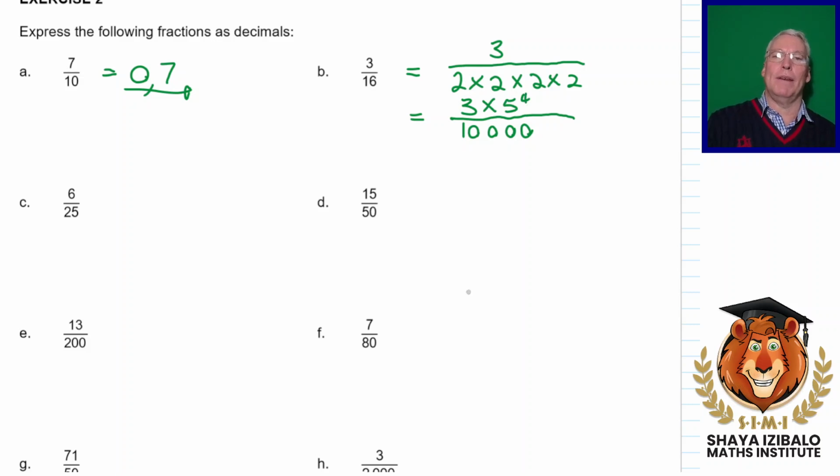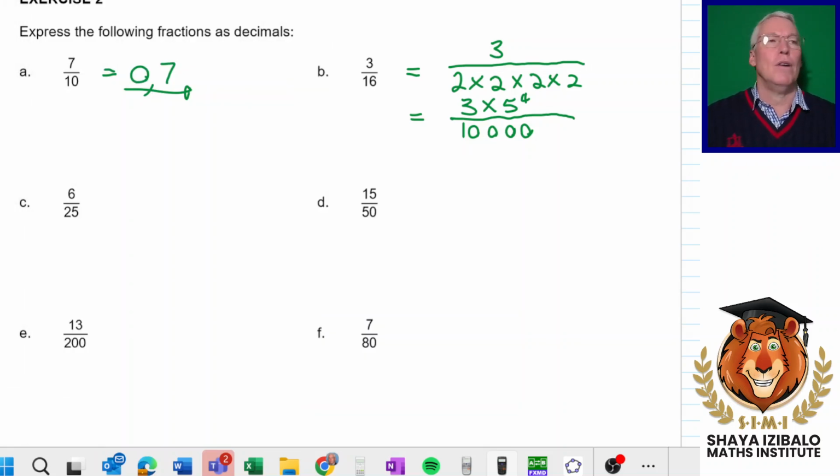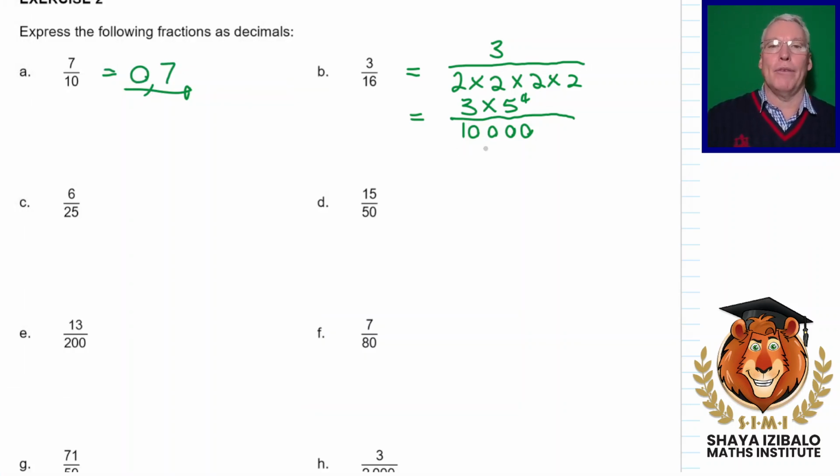Okay, this is maybe a little bit difficult for grade 8, that particular concept. But let's just have a look at what 3 times 5 to the power of 4 is. It's 1875. So now what we've got is 1875 over 10,000.